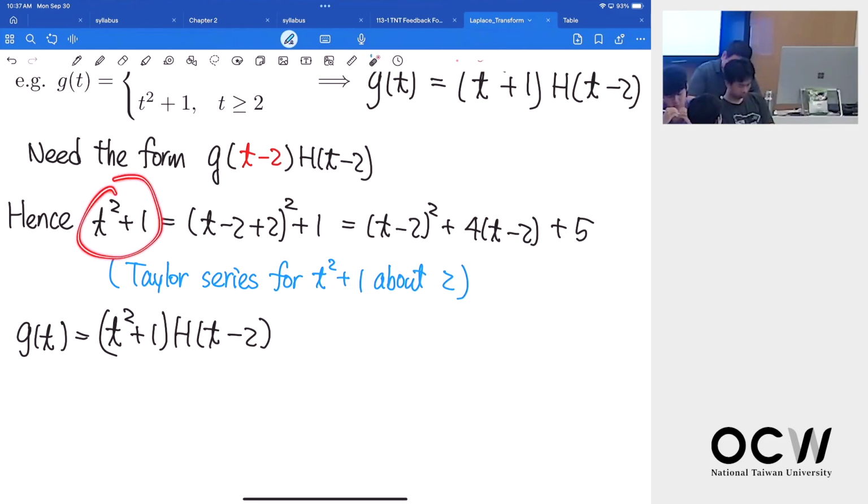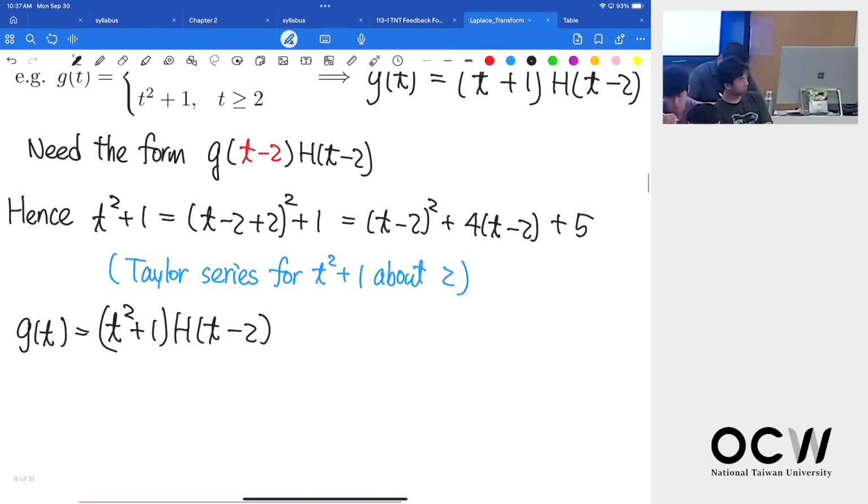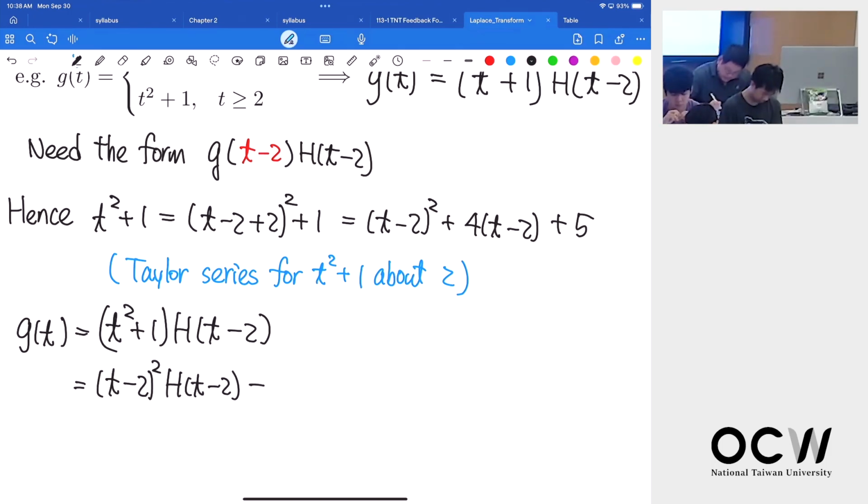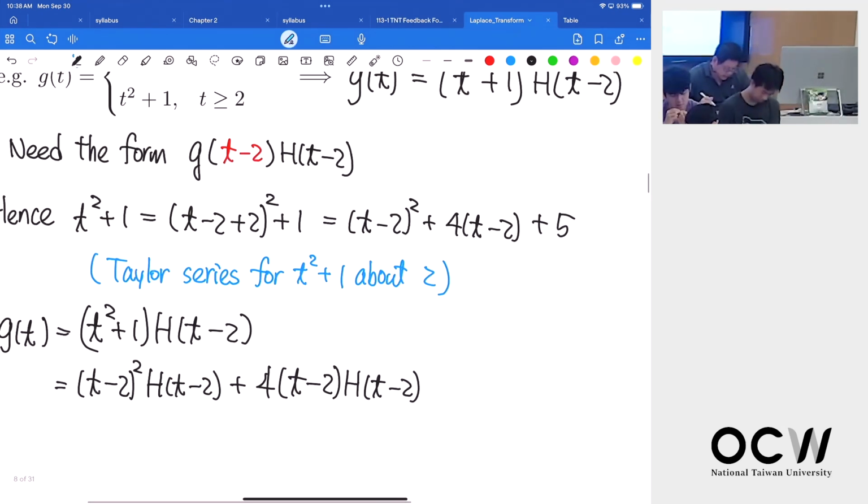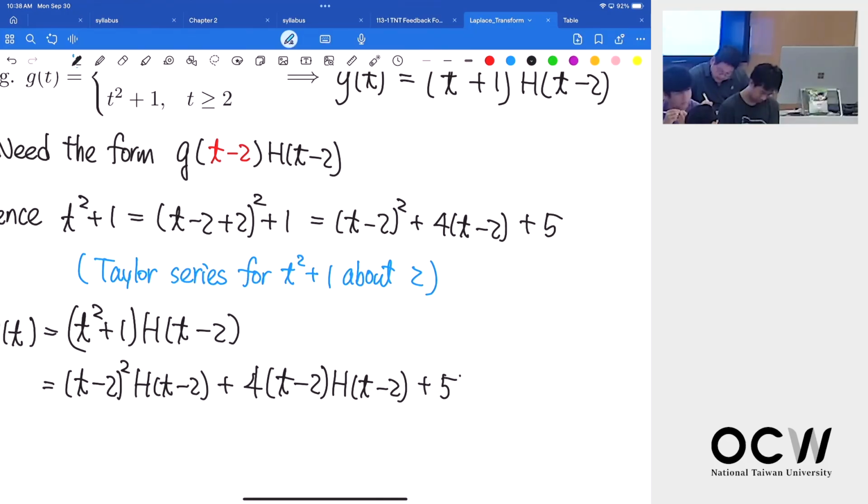So t squared plus 1 will become t minus 2 squared times the shifted Heaviside function, plus 4 times t minus 2 times the shifted Heaviside function, and then 5 times the Heaviside function itself. But we know that the Laplace transform of the Heaviside function is 1 over s times the exponential term.